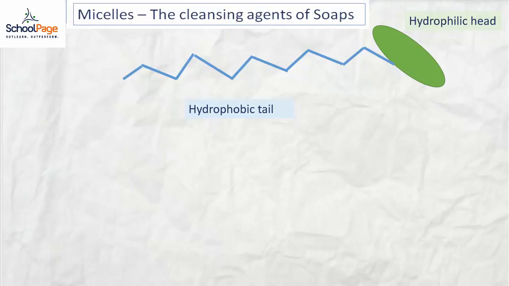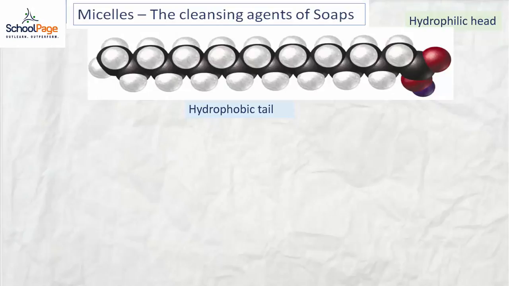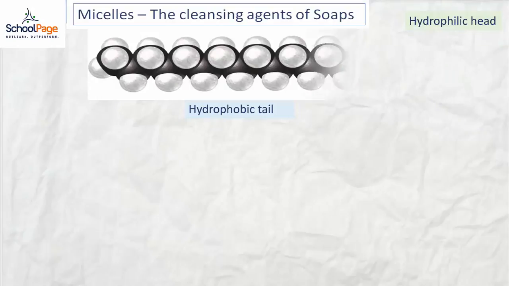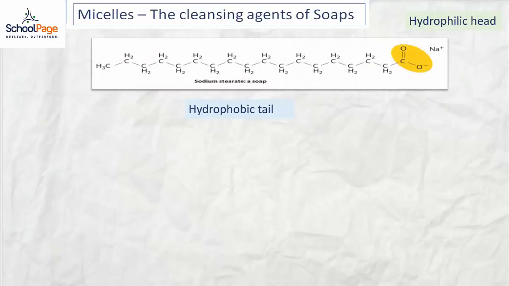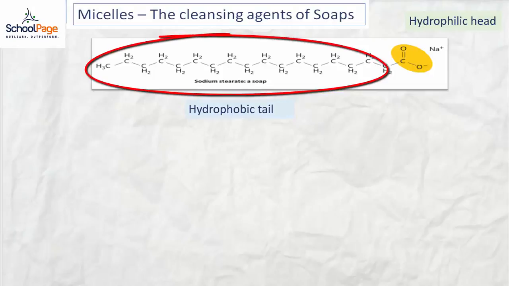Now let's have a look at the chemical structure of this molecule. Here it goes. You can see here it's sodium stearate, a soap, the structure of which has been displayed on the screen. You can see that the hydrophobic tail is quite long, whereas the hydrophilic head is a short ionic part in the long chain.